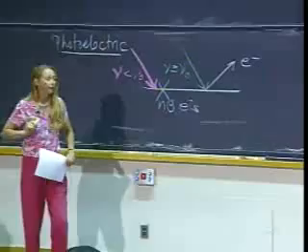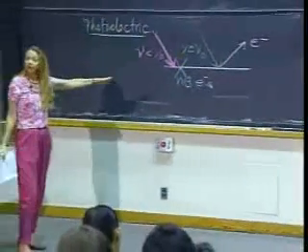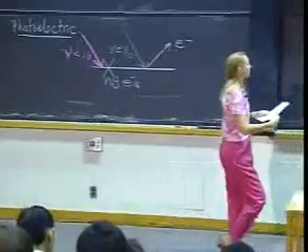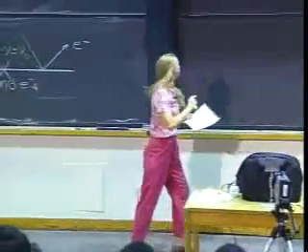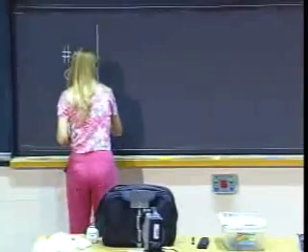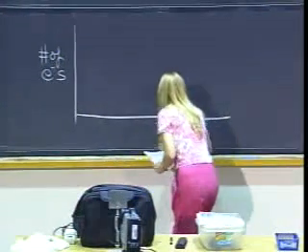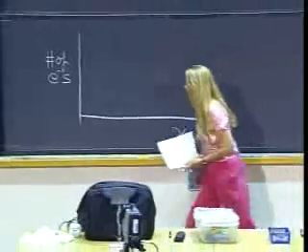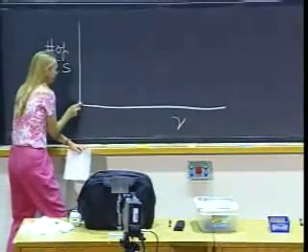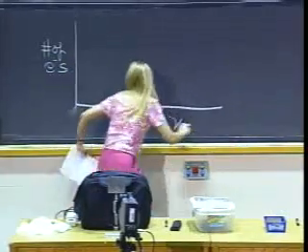Another way to plot that observation is to plot the number of electrons versus the frequency of the radiation. At low frequency, no electrons come off.